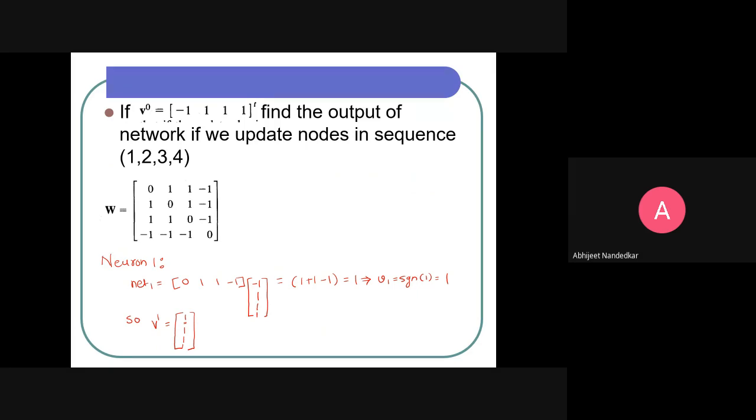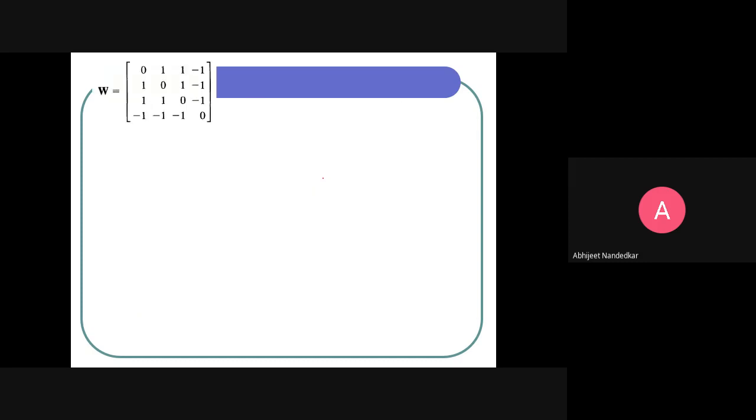Then we take the third position or third bit. That means I should take this row now. So this row will be here 1 1 0 -1, and then I multiply with latest copy of V. So what was latest copy?